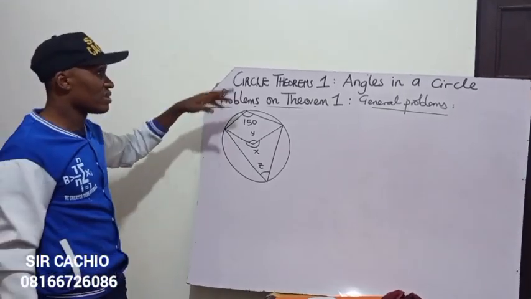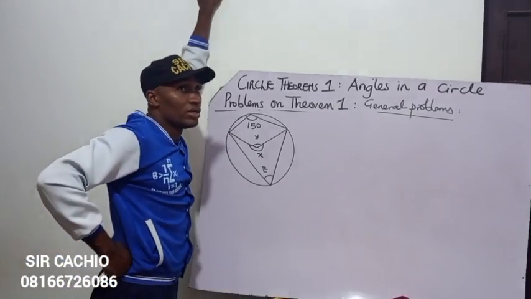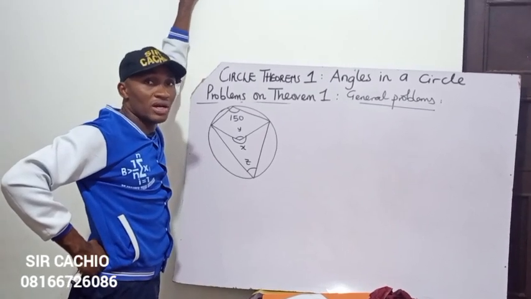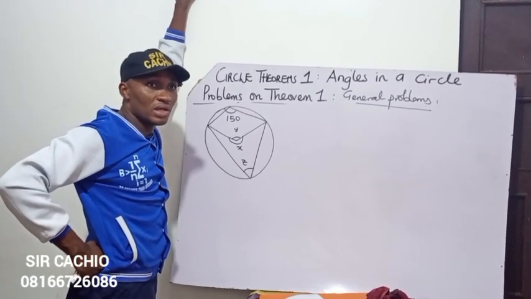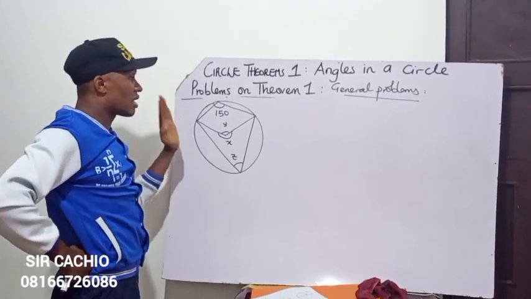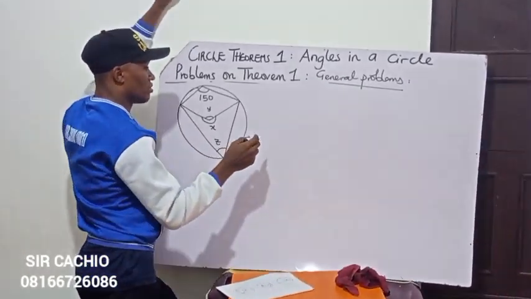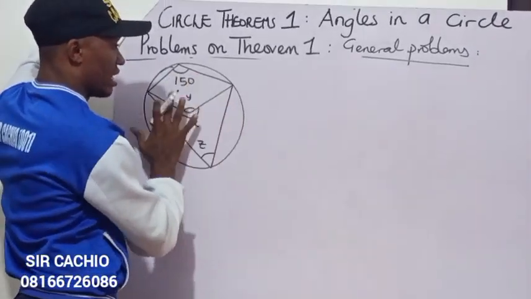Now, one thing about solving second theorem problems is you need to employ imagination. Now look at this problem carefully. I want you to journey with me. Can you see something like this in this diagram?